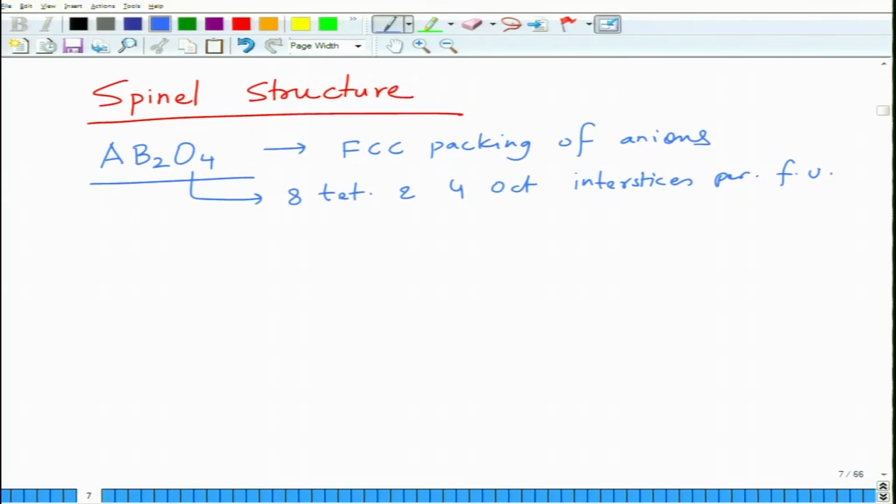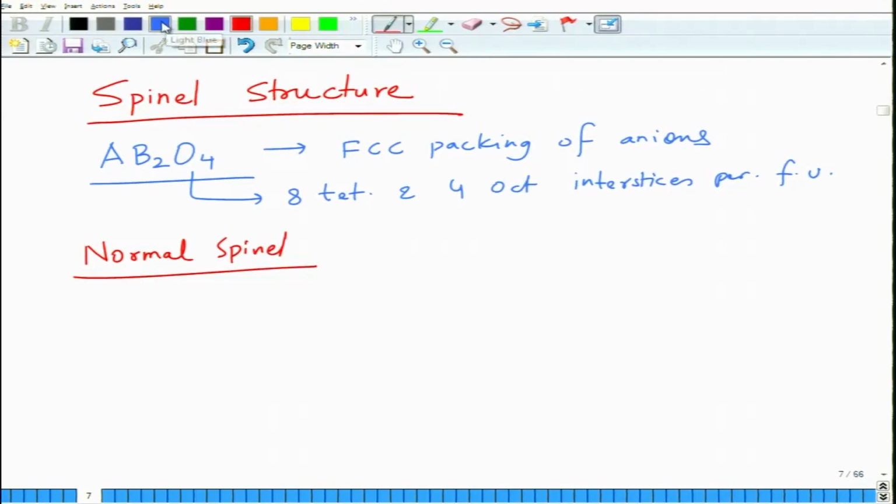Number of cations that you have are only 3. So, all the interstices are not going to be filled. You will have partial filling of interstices, okay, because it is not possible. You have total of 12 interstices and you have only 3 cations. So, how do you fill them? Well, there is a variant of a spinel which is called as normal spinel.